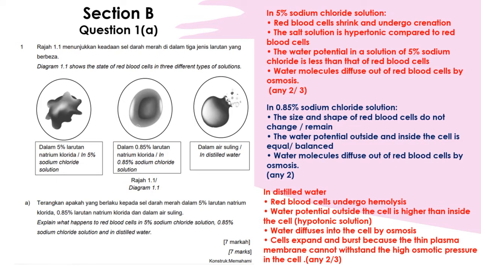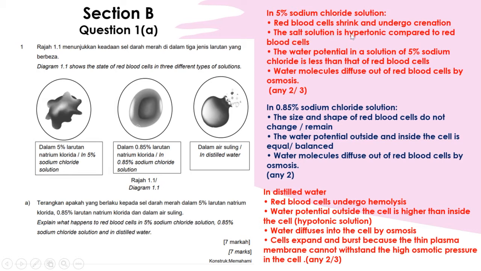In 5% sodium chloride solution, what happened? Before that, you have to know that 5% is a hypertonic solution. First point, the red blood cell shrinks and undergoes crenation. 1 mark.